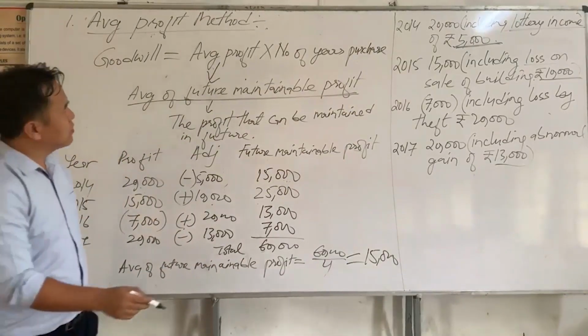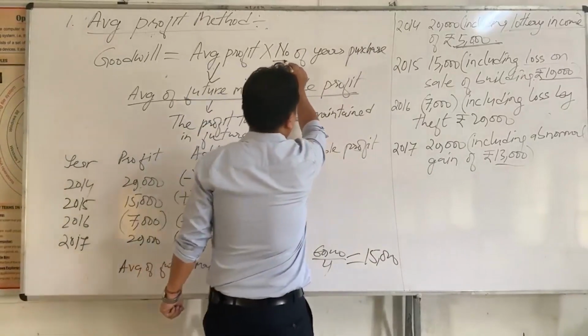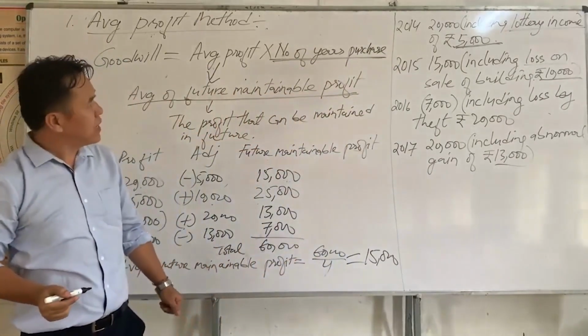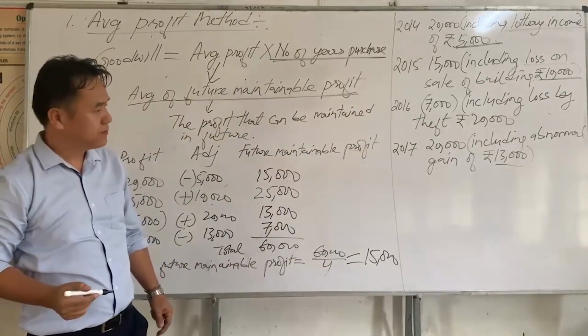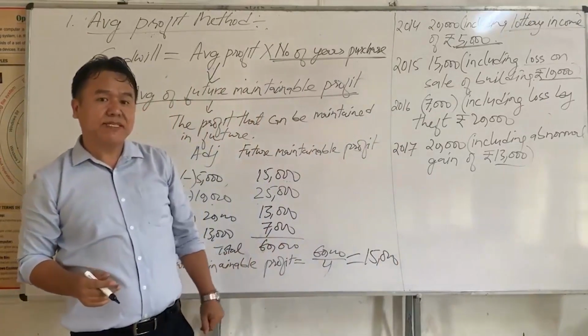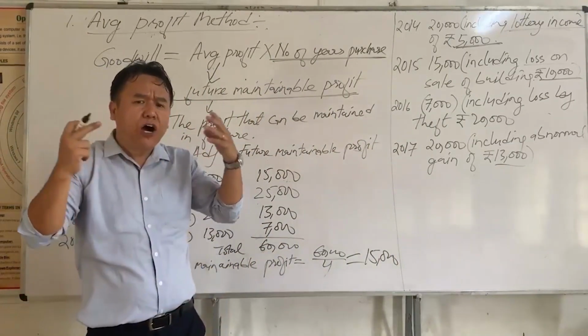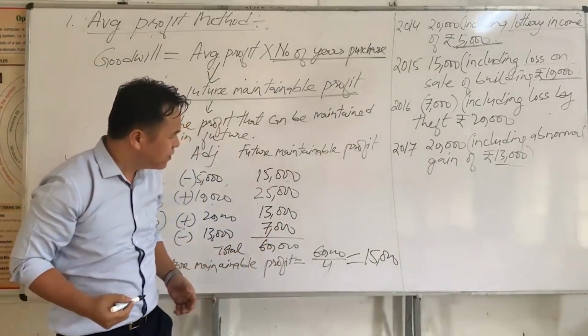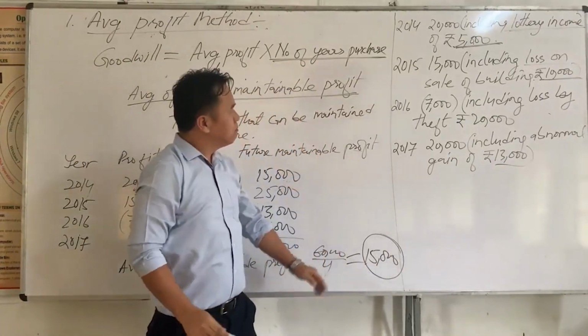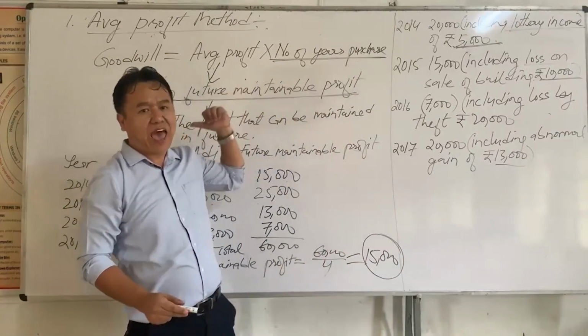Okay, now we are going to discuss number of years purchase. So what is number of years purchase? Number of years purchase means for how many years the firm will earn the same amount of profit because of its past effort.